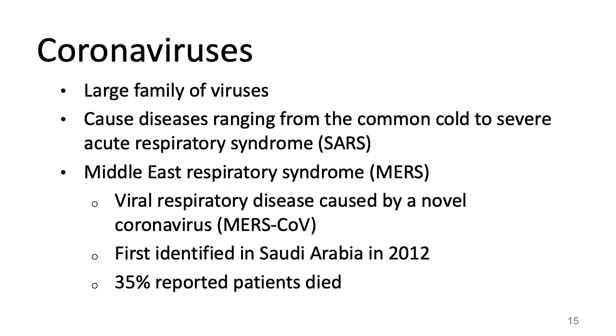So it can cause diseases ranging from common cold type symptoms to very severe diseases. And in the past 20 or so years, there have been several more severe coronaviruses, none of which reached pandemic status until this last one. So back in the early 2000s, there was a disease that came out of China. It was the South Asian Respiratory Syndrome, or SARS.